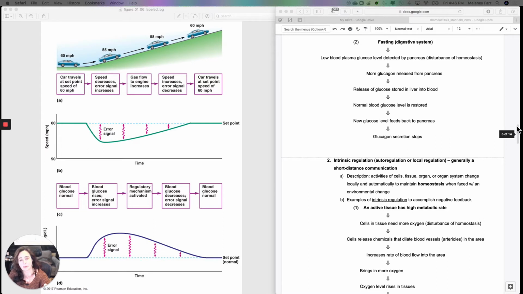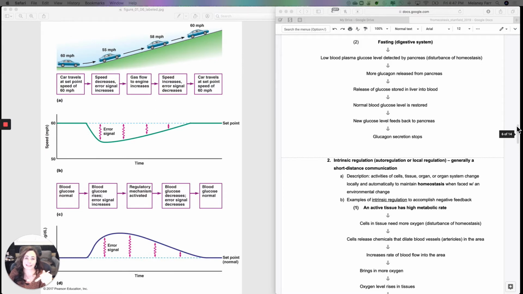It's negative feedback because I opposed the direction that the variable changed. So in this instance, my blood glucose level was too low and I brought it back up. So that opposition or negation is what makes it negative feedback. Even though the level went up, it's still negative feedback because it's still opposing the direction of change.